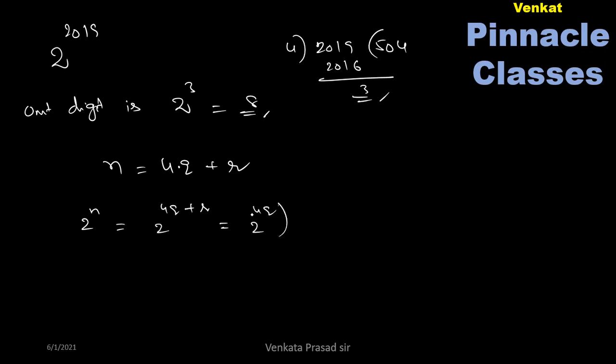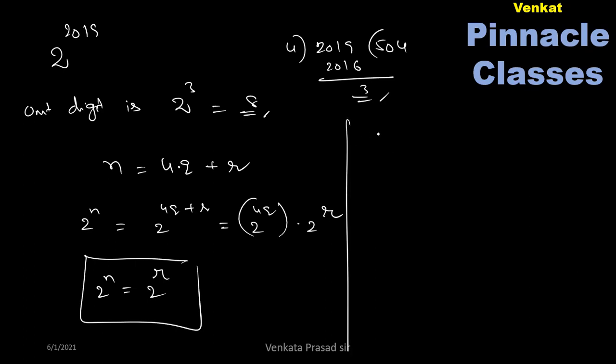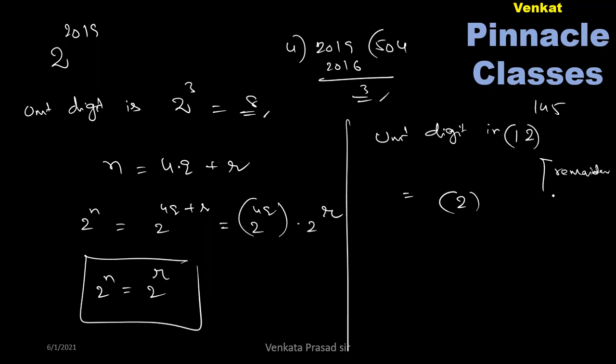Now see, unit digit in 12 power 145, which is same as 2 power the remainder. 145 divided by 4, what is the remainder? 1, sir.